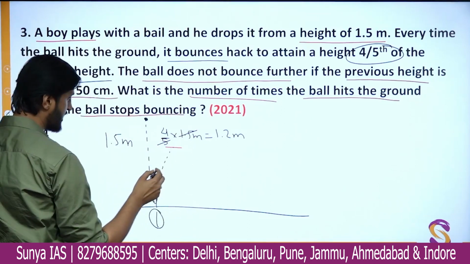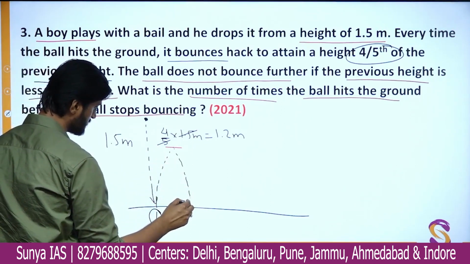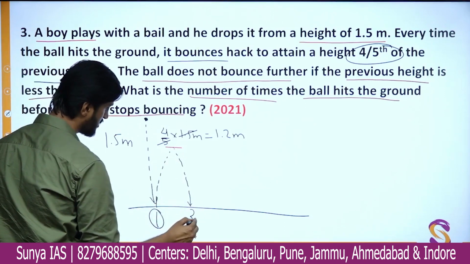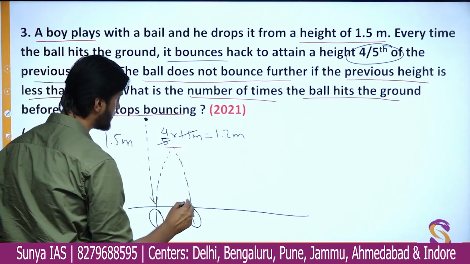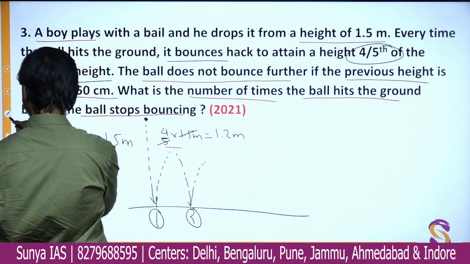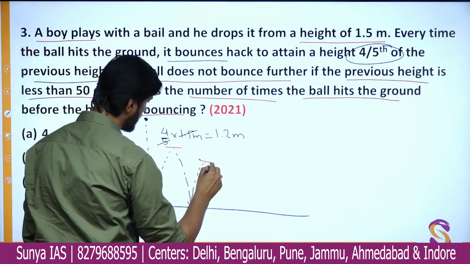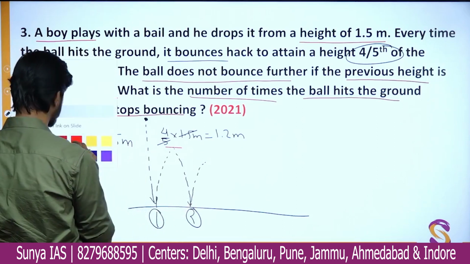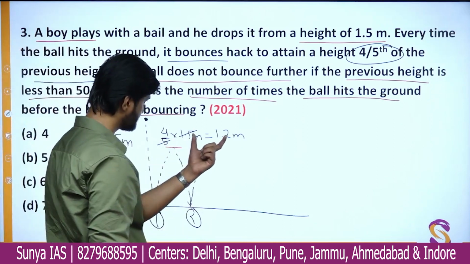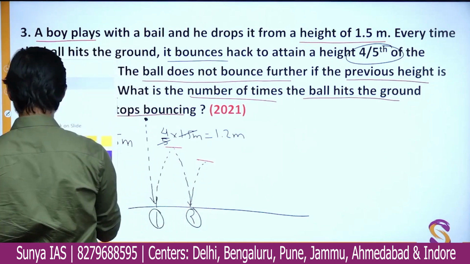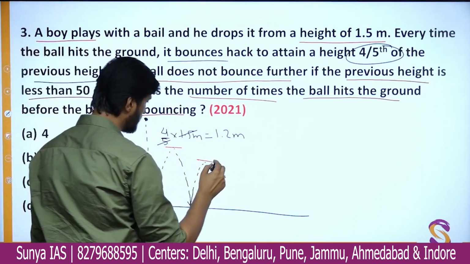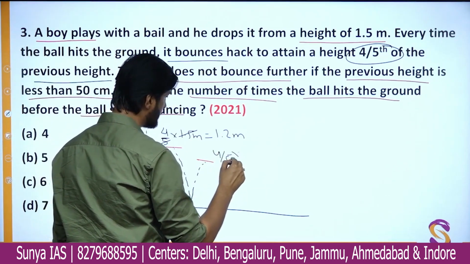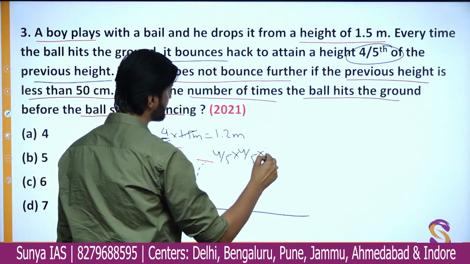After that it again falls down. It hits the ground for the second time and again it will bounce back. This time it will bounce back to a height of 4/5 of the previous. So the previous height was this. The new height will be simply 4/5 into 4/5 of the initial height 1.5.